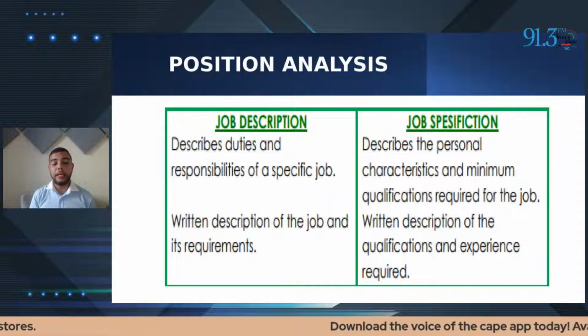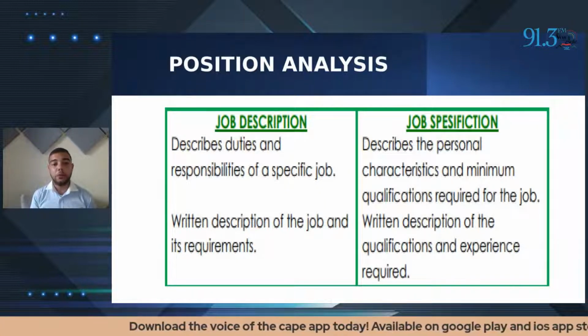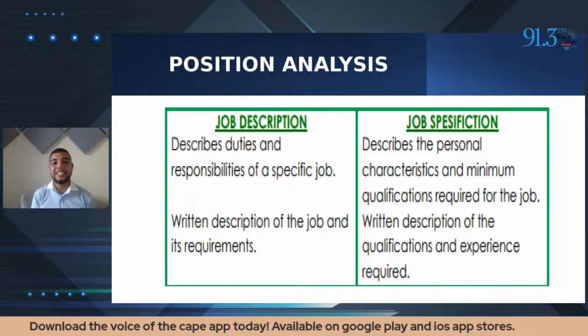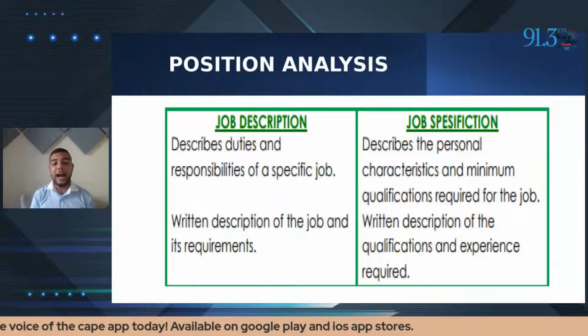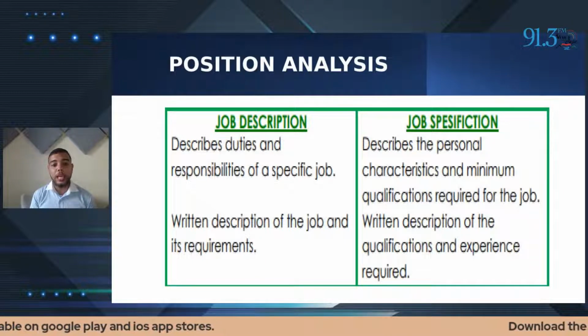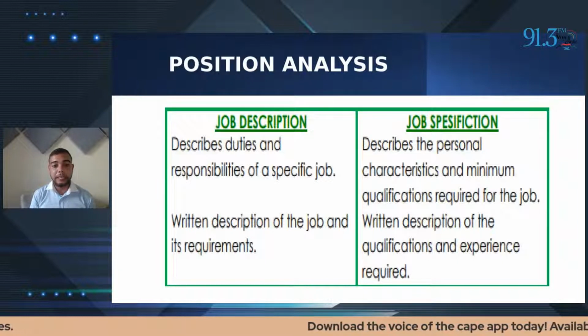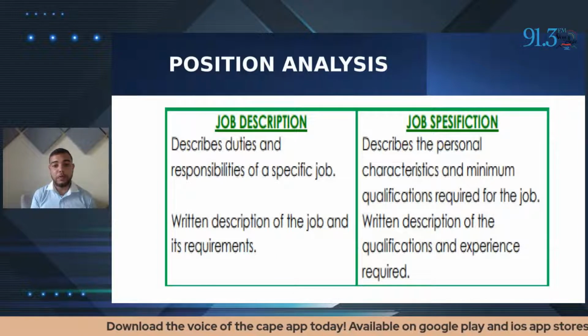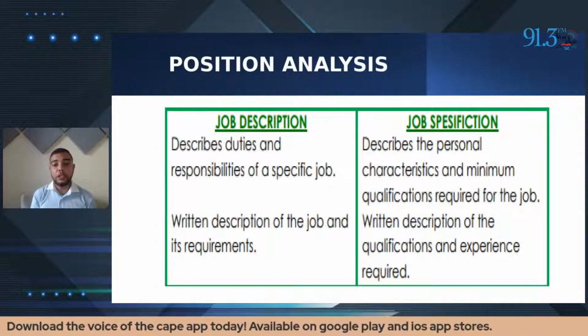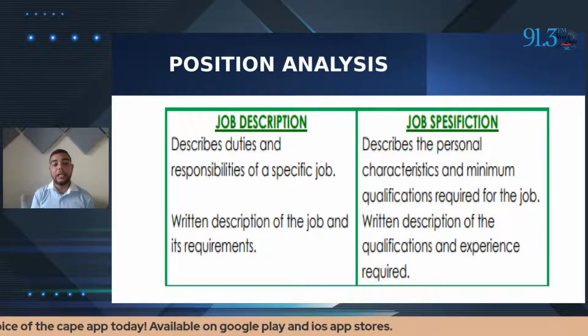So, in order to make it easier, we look at the word description. Another word that comes from description is describe. So, you are describing the job. The definition for that is: describes duties and responsibilities of a specific job. Written description of the job and its requirements. Job specification: if we break up the word specification, another word that comes from specification is qualification.